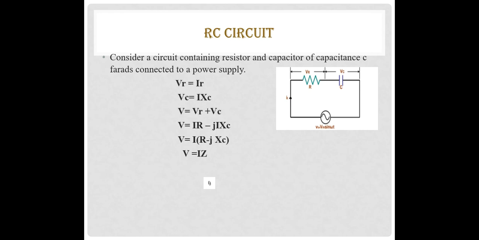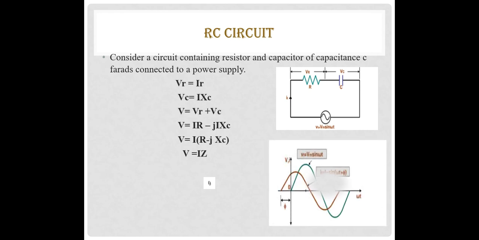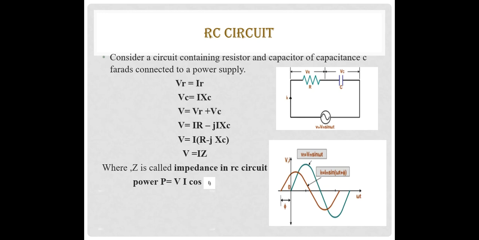In the RC circuit, just as with the inductor, here due to the presence of the capacitor, the current leads the voltage, or the voltage lags the current. The total voltage is equal to VR plus VC, and Z is equal to R minus jXC, the impedance in the RC circuit.